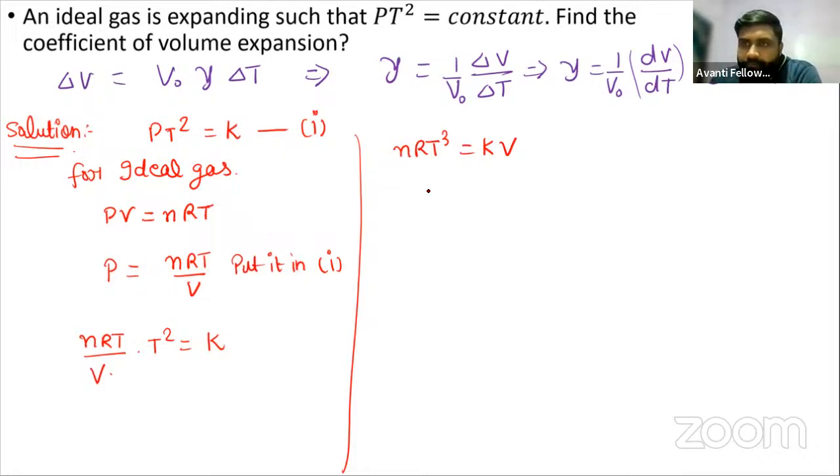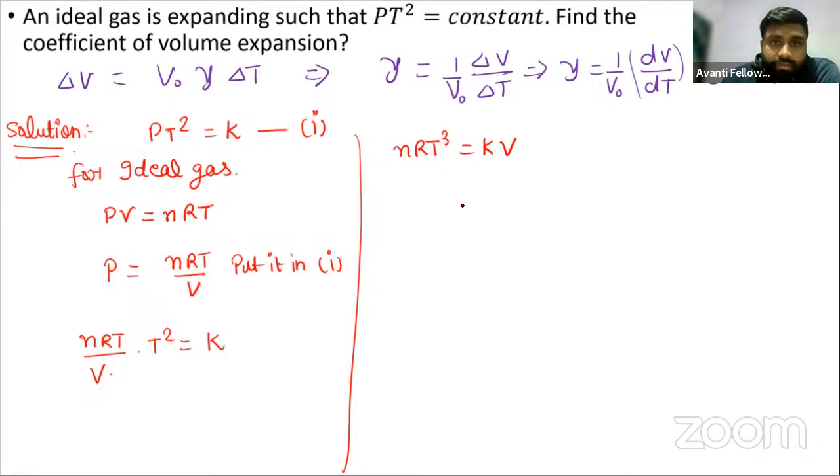Any problem here? I hope it is clear to you because simple mathematics is there. We have only used the ideal gas equation to replace the pressure with other terms like temperature and volume, because finally we need to know this 1 by V naught dV by dT.